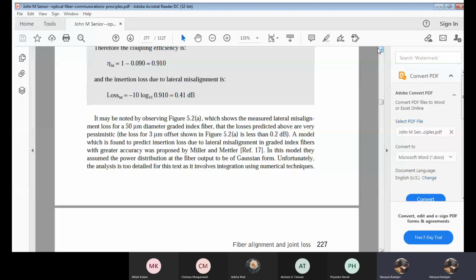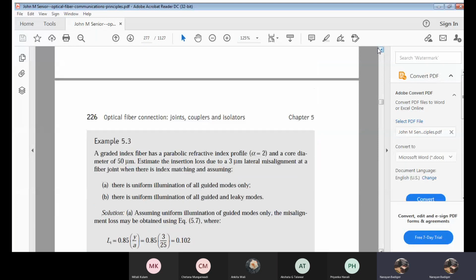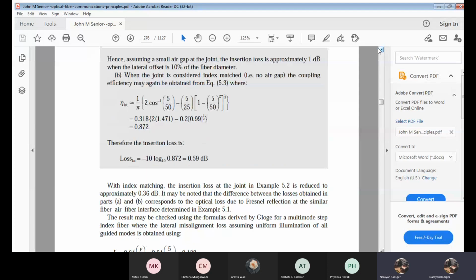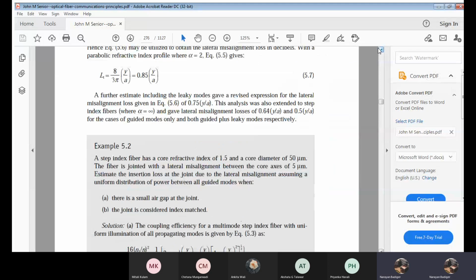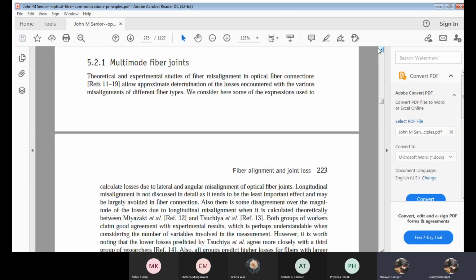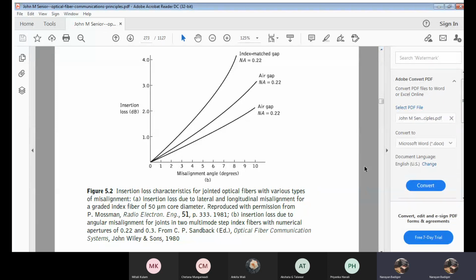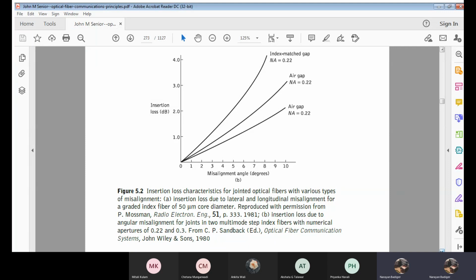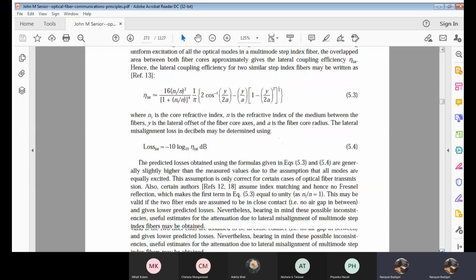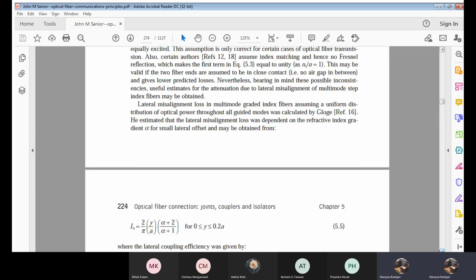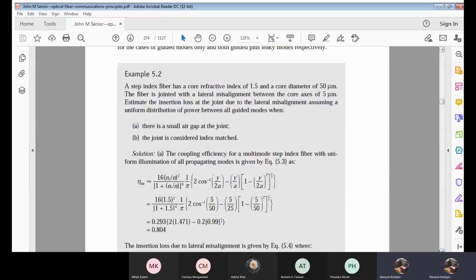This is completely based on some experimental results, formulas, and very simple concepts. The only thing to remember here is some formulas, why these joints are required, what these joints will do, how exactly the coupling should be done, and why there will be losses due to the three misalignments. This is with respect to the different types of losses at the joints.